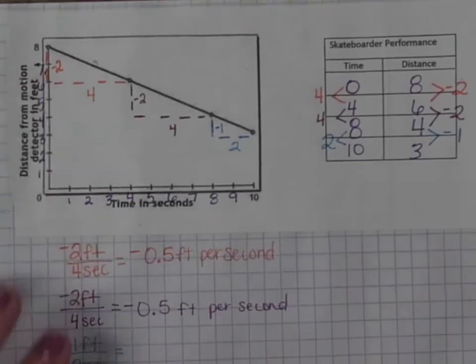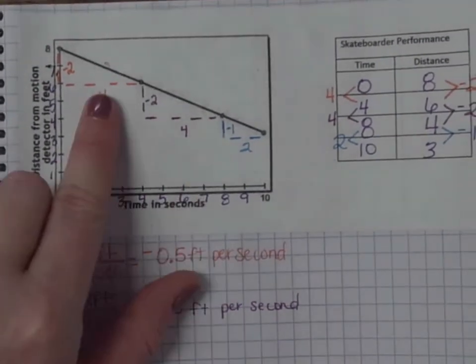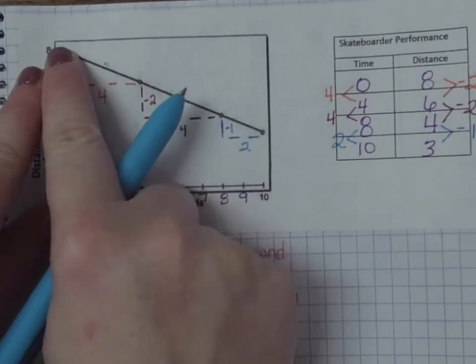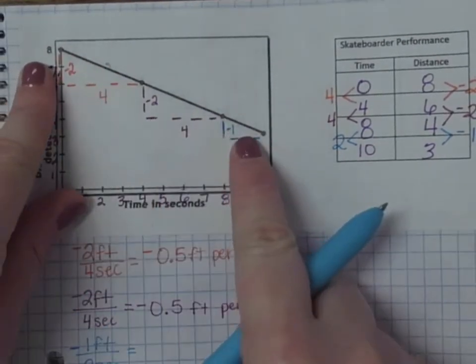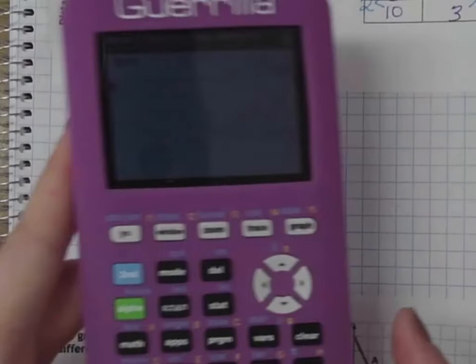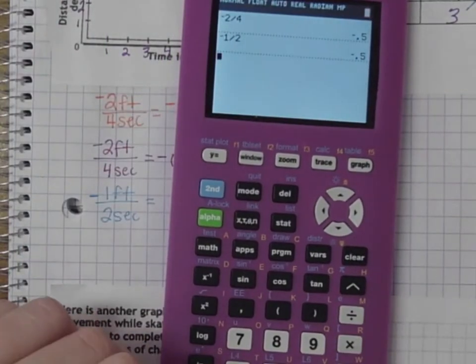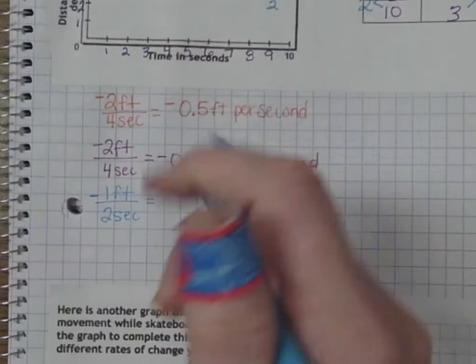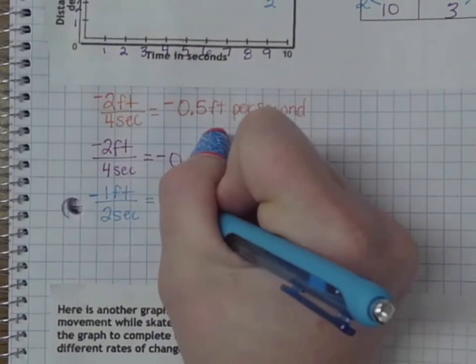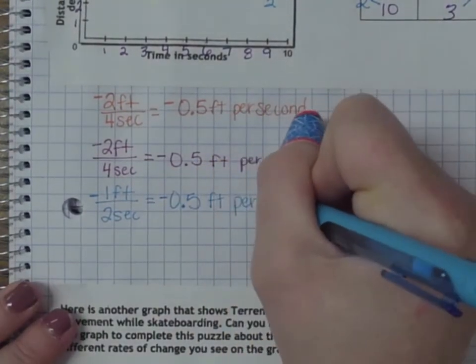Now, it looks like it wouldn't be constant. Remember we were talking over here about constant rate, which makes it linear. But notice this is a straight line. But when you type in -1 divided by 2, you get -0.5 feet per second.